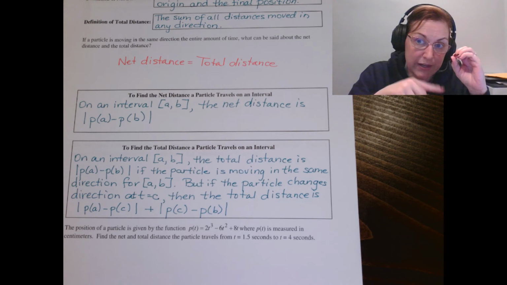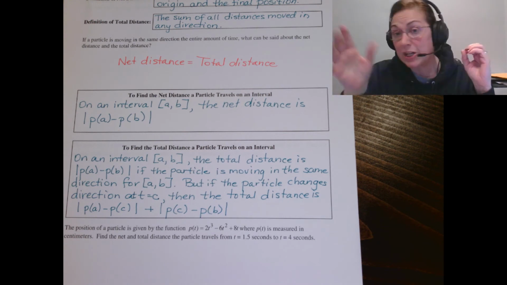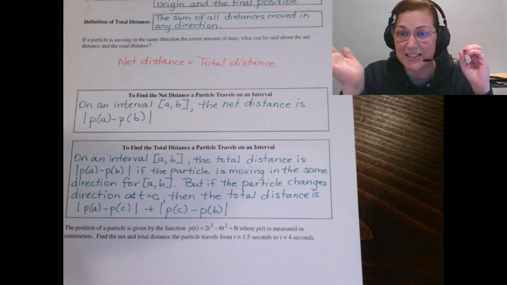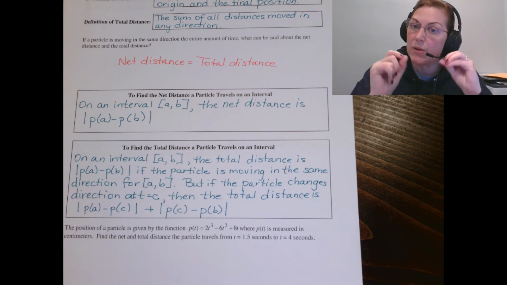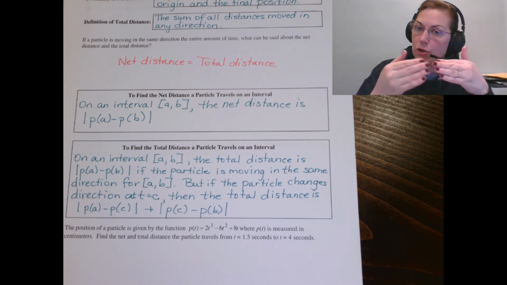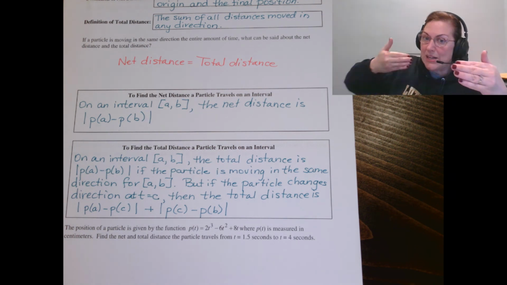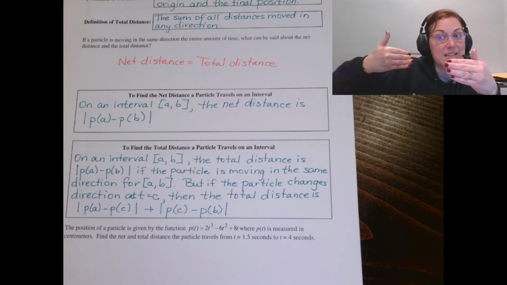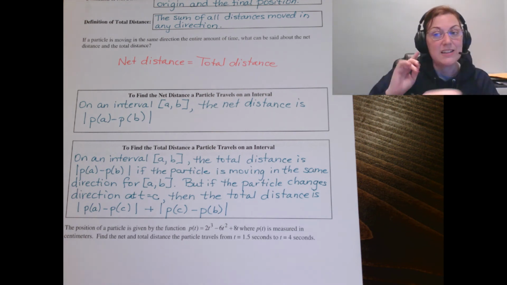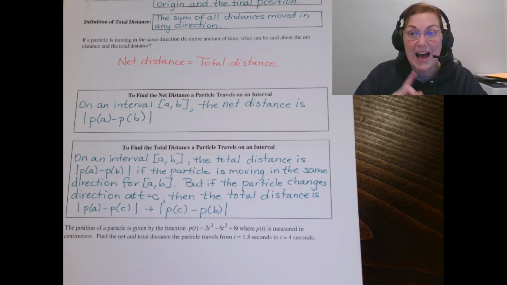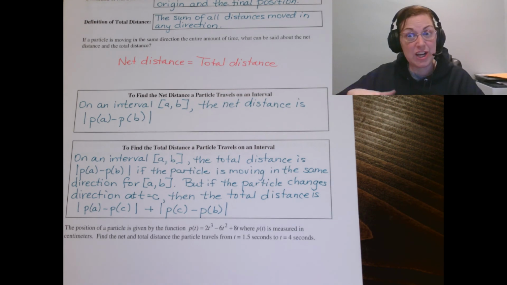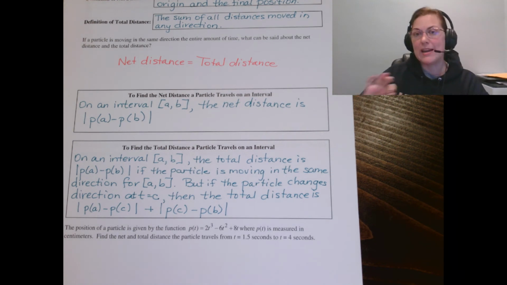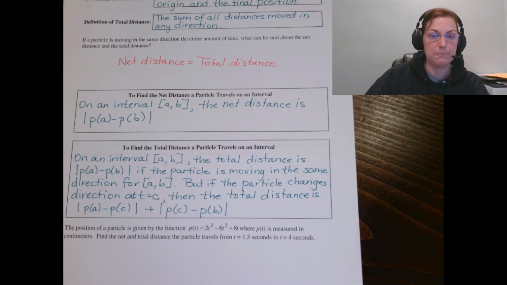Beginning point minus ending point would be 0 because she started and ended in the same place. But if we look for total distance, her total distance is the length of my driveway plus the length of my driveway. That's the difference between total distance and net distance. I have to take into account that she changed directions when I calculate that total distance.